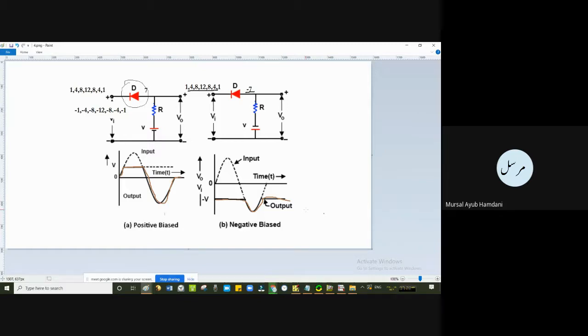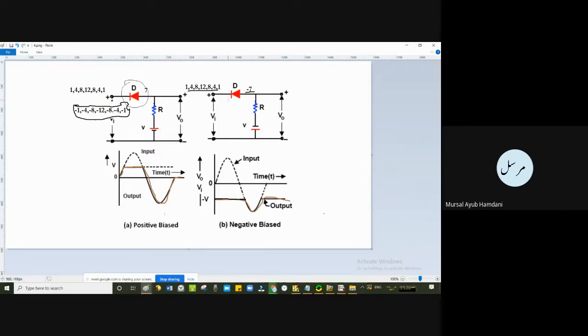Now what will happen in the negative half cycle? These are the values that we shall take. Okay, so minus 7. So when will the input have such a value that the diode will still be forward biased?